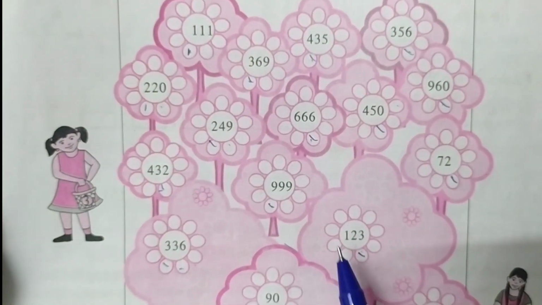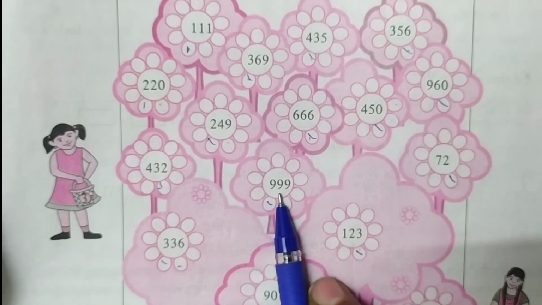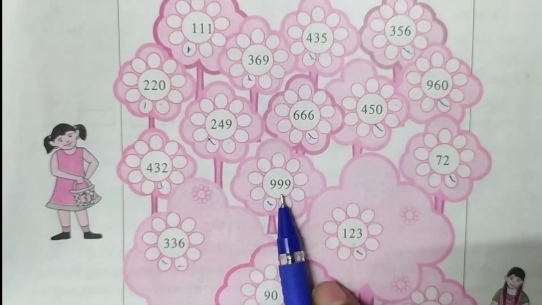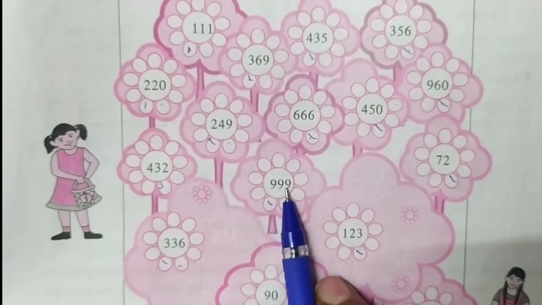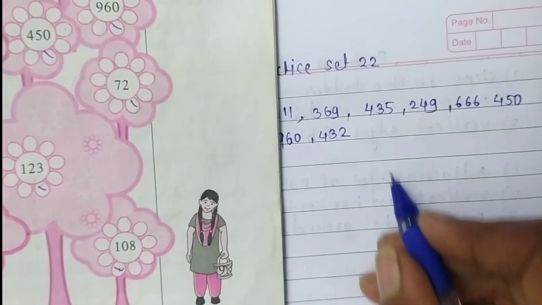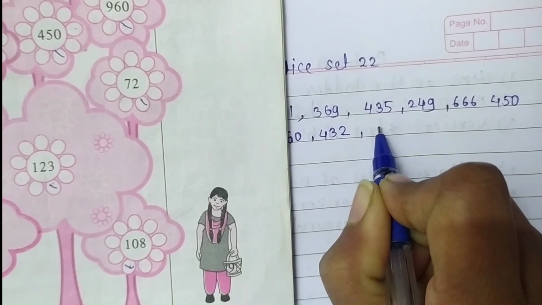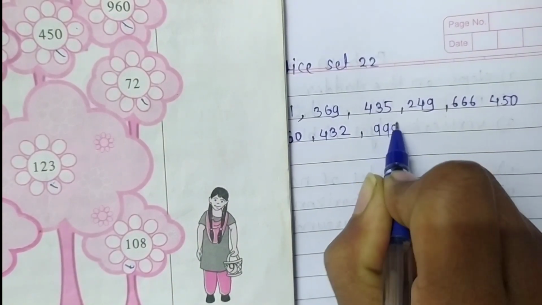Now look at the next flower. It's 999. Add the digits. 9 plus 9, it's 18, plus 9, it's 27. So 27 is divisible by 3. So we can write this number in the basket of 3. 999.